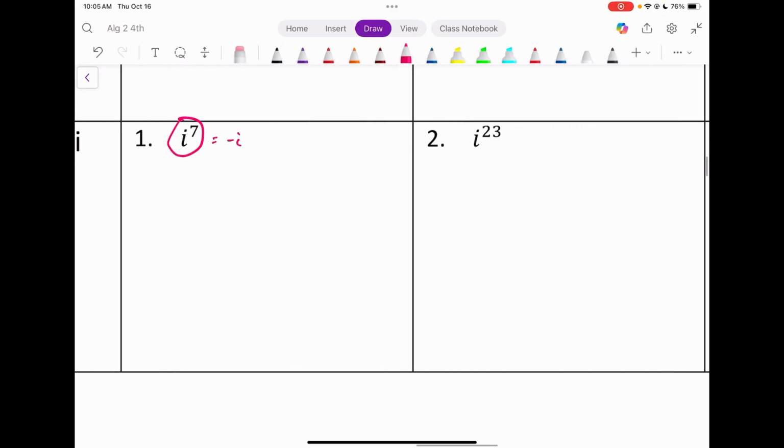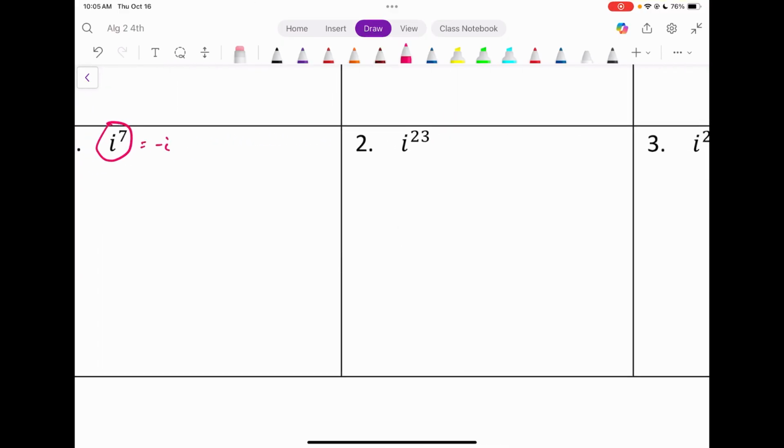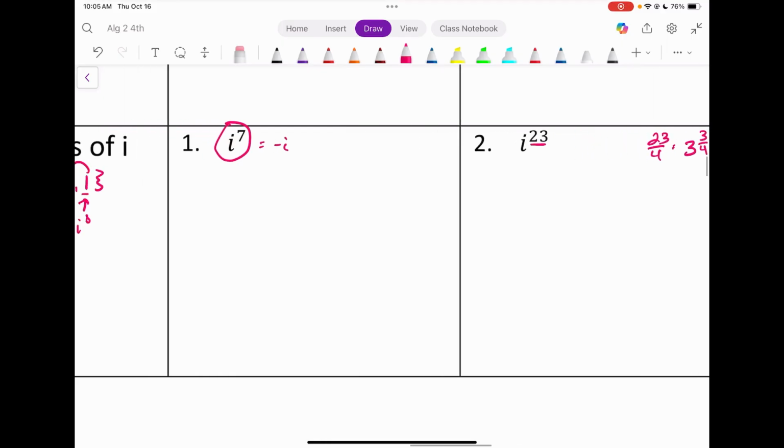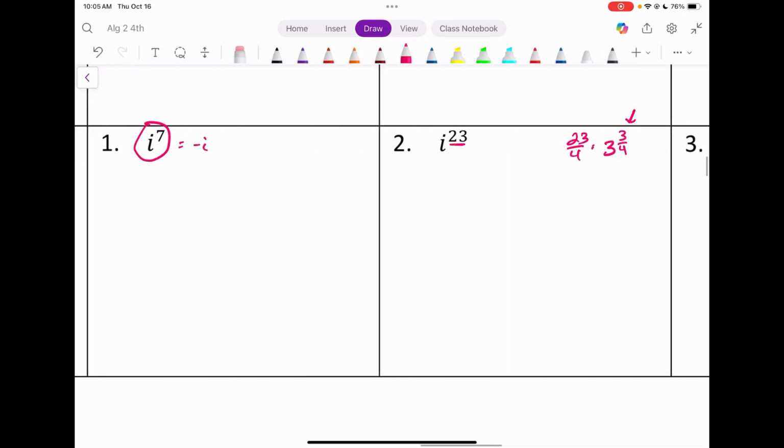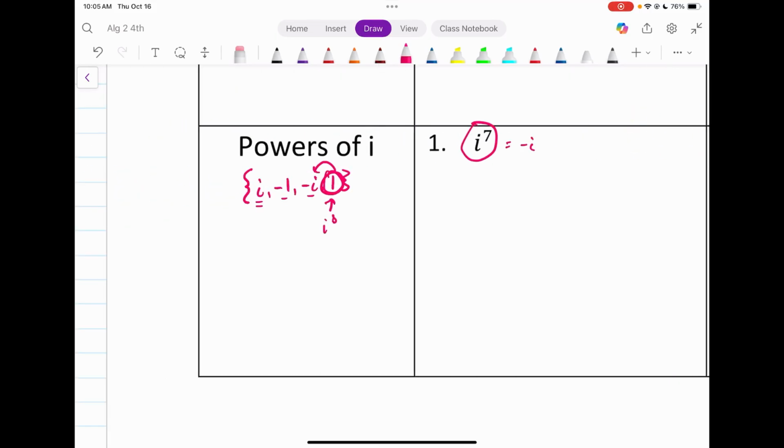The next one, i to the 23rd, and I'll show you a trick here that you can actually use. We know that every fourth power is going to be 1. So we can take this 23 and divide it by 4, and we actually get 3.75, or 3 3/4. We know it doesn't fall here because it's not a multiple of 4, but if you look at your remainder, the 3/4 tells us that it's going to be at 1, 2, 3.